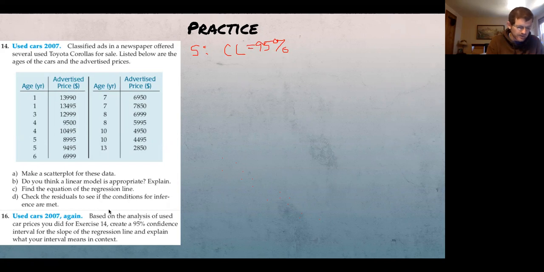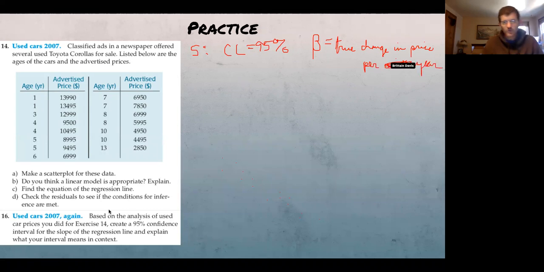So we are going to be inferring about beta, which is the true change in price per unit, or per year.